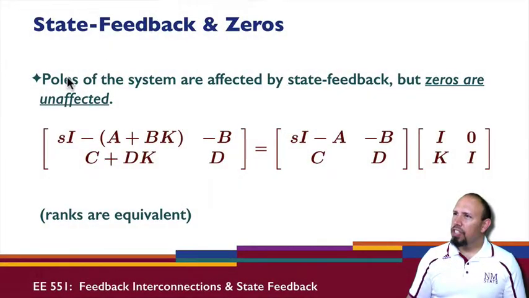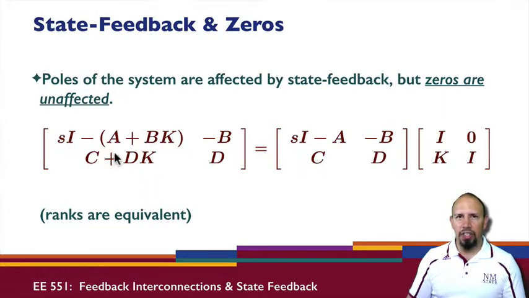Finally, the poles of the system are affected by state feedback, but the zeros are unaffected by state feedback. Here's the system matrix, and here's the system matrix under state feedback. What we show is that I can factor this matrix this way, and so for the values of s, the rank of this is the same as the rank of this.